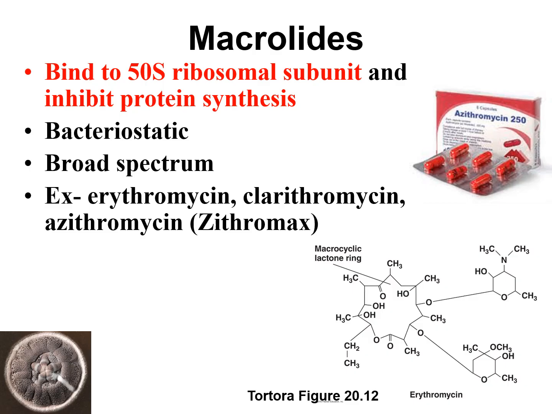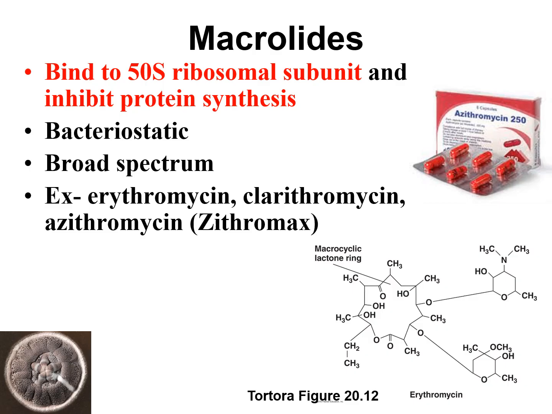Okay, our next antibiotic that inhibits protein synthesis in the bacteria by binding to the 70S ribosomes would be the macrolides. And why they got that name, macro means big, and if you look at their chemical structure, they have this giant sized ring, and so that's how they got the name macrolide. I'm not going to ask you which ribosomal subunit they bind to, but just they bind to the 70S ribosome, inhibit protein synthesis.